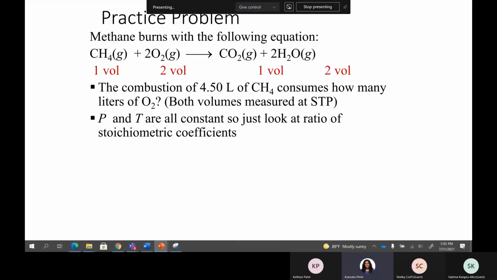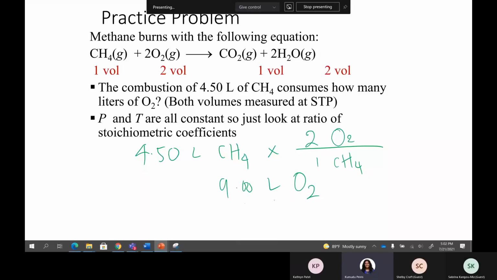So we can get the stoichiometric ratio. 4.50 liters of CH4, and we'll get the stoichiometric ratio. What is the stoichiometric ratio for the CH4? It is 1, and for the O2, it is 2. So we'll get 9.00 liters of oxygen. Right. Questions?